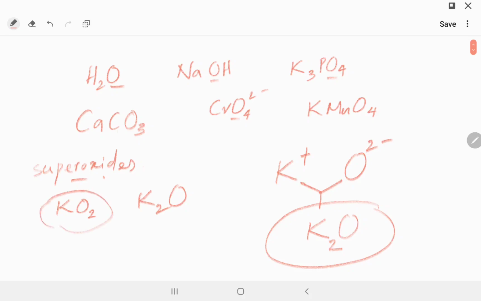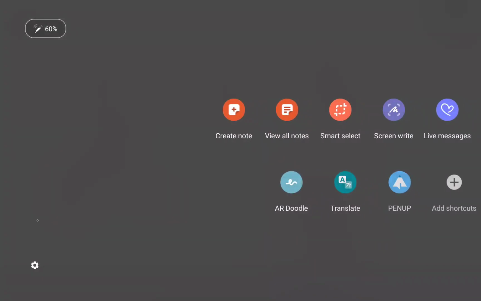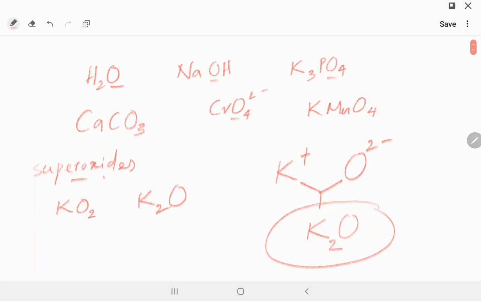This is not your regular oxide, right? So what is this? This is called a superoxide. The oxidation number of each oxygen in a superoxide is -1/2. Oh yeah, it could be a decimal number or fractional. Okay, so this is -1/2. Potassium can also form a peroxide, K2O2, where the oxidation number is -1.